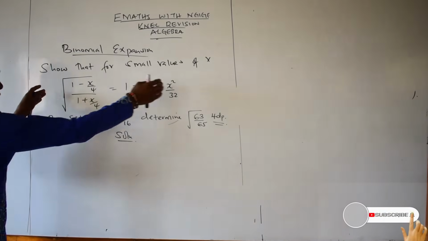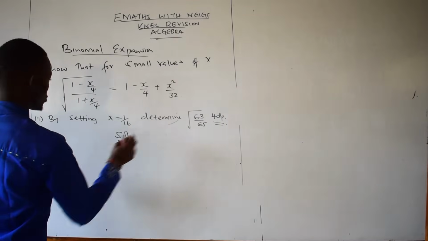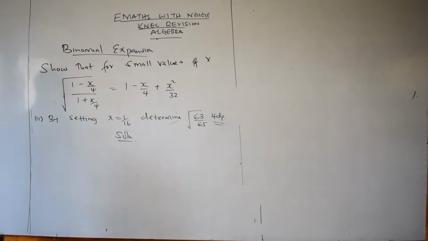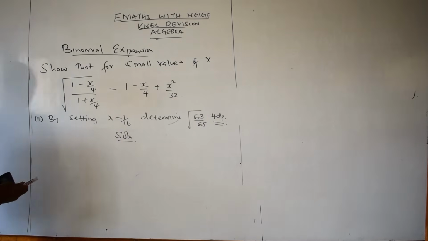So we can use this equation here to solve this part. So when we have x to be 1 over 16, that means every place you have x, you replace it by 1 over 16 in this equation.